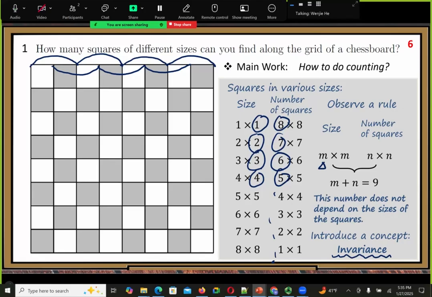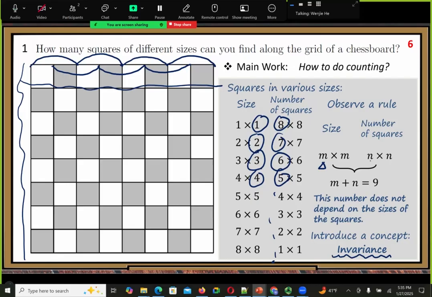Here, we count horizontally. This is the horizontal counting. Then we can do the same thing on the vertical counting. Here, we use the one side counting, horizontal or vertical, but only one dimensional counting. That number is the n number.